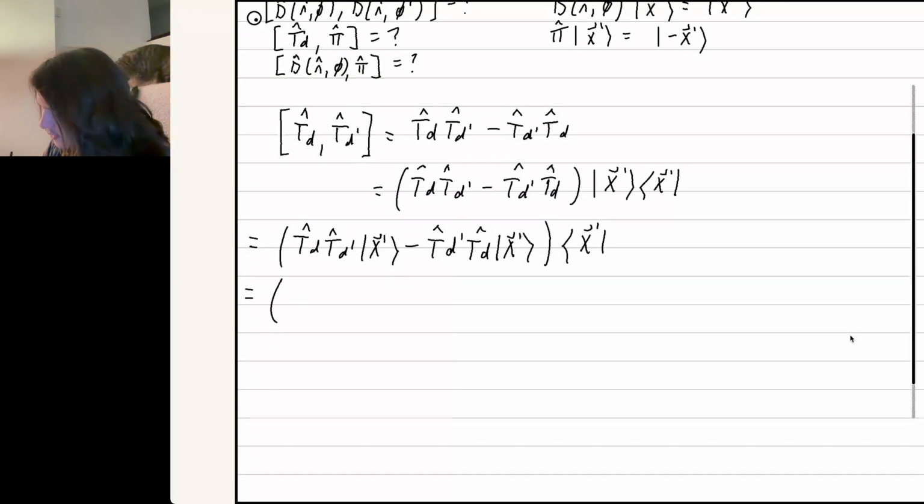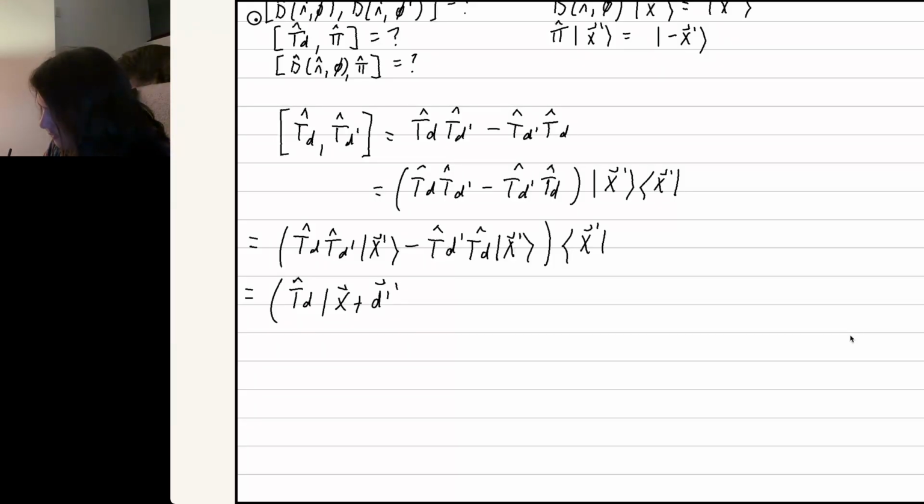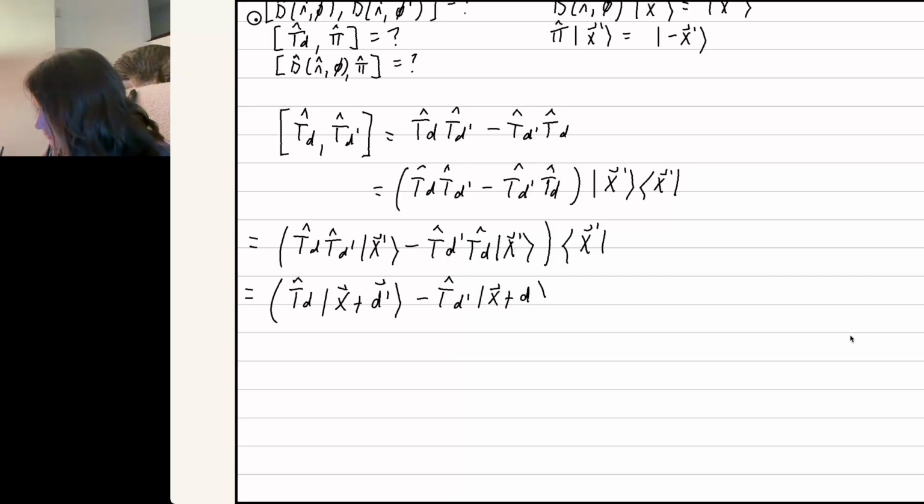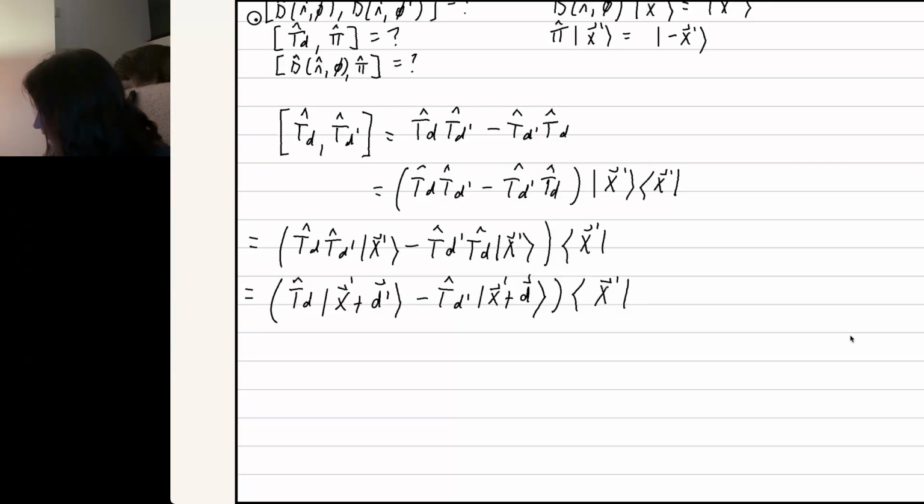The translation operator on the left term will move it forward by a displacement D prime, and the displacement operator on the right will move it forward by a distance D. Then applying the operators again, now we just have TD.